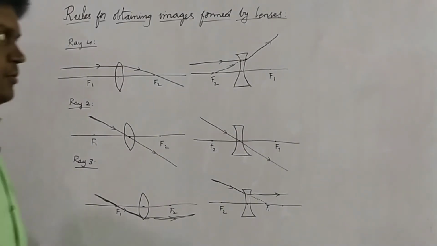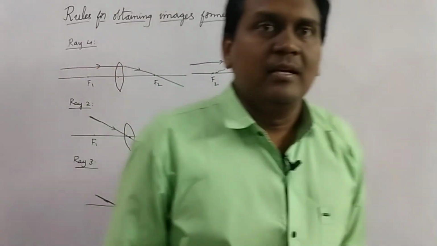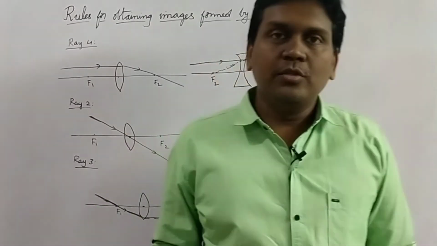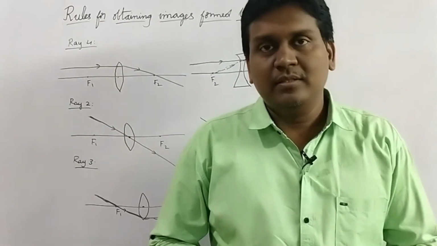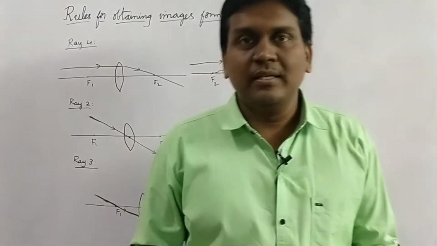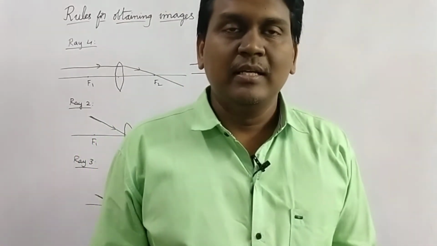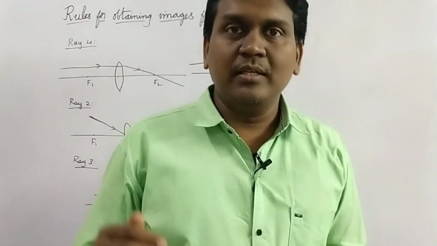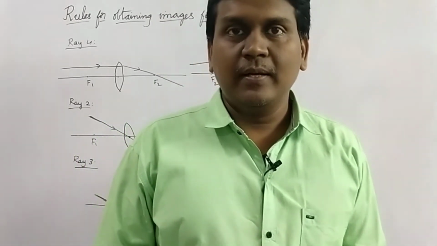So these are the 4 ray rules for obtaining the image for the lenses. The first 2 rules we can consider undeviated cases. That means when the ray is passing along the principal axis, it won't deviate, and when the ray is passing through the optical center, then also it won't deviate.